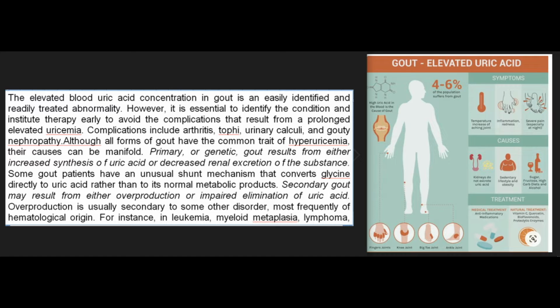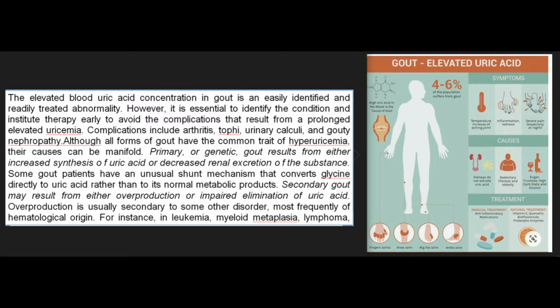Primary, or genetic, gout results from either increased synthesis of uric acid or decreased renal excretion of the substance. Some gout patients have an unusual shunt mechanism that converts glycine directly to uric acid rather than to its normal metabolic products. Secondary gout may result from either overproduction or impaired elimination of uric acid.